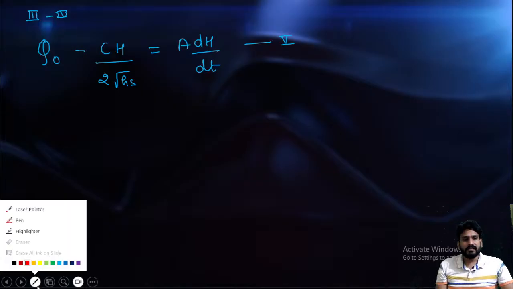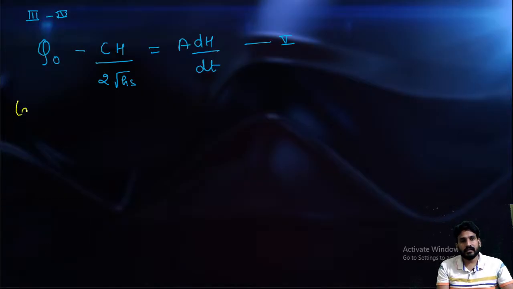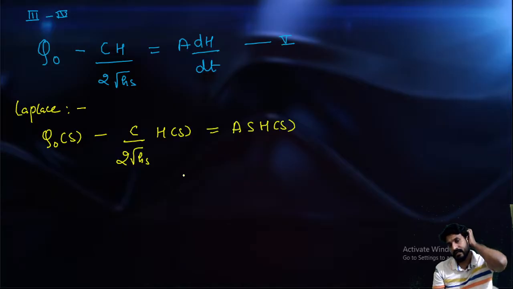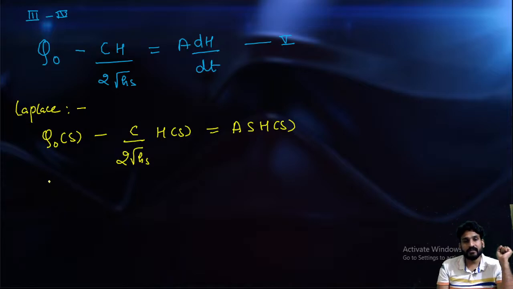Now do the Laplace. The task is about to complete. After taking Laplace, Qo(s) minus c divided by 2 under root hs is a constant term, and the Laplace of H is H(s), equal to A s H(s). Now I think I can write this.